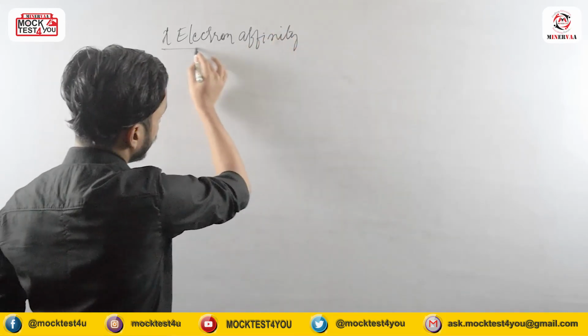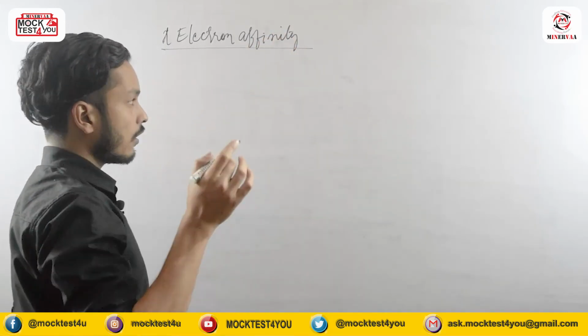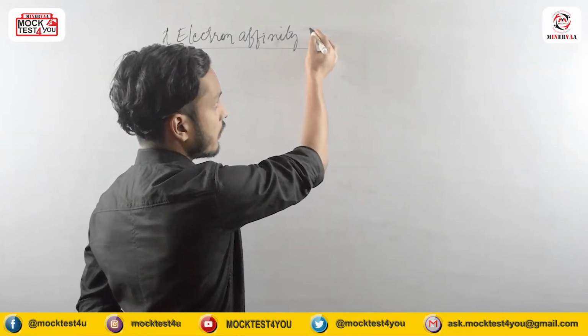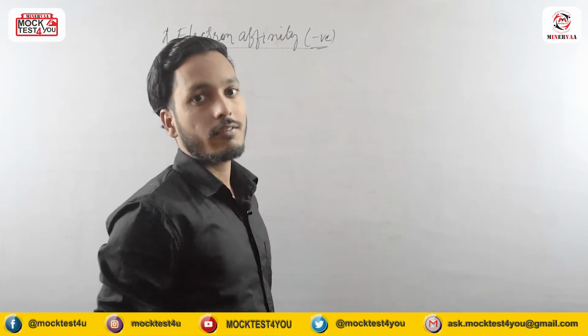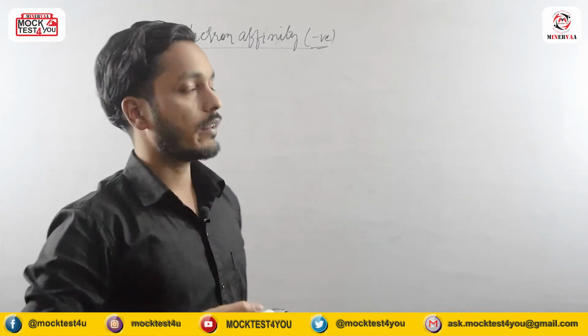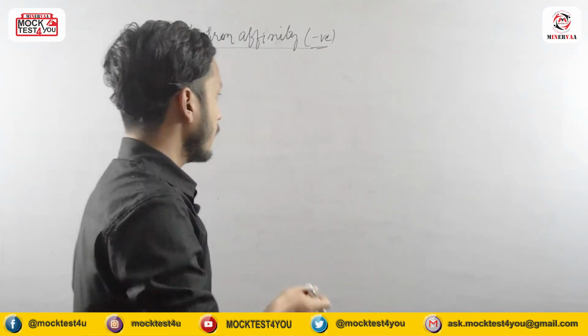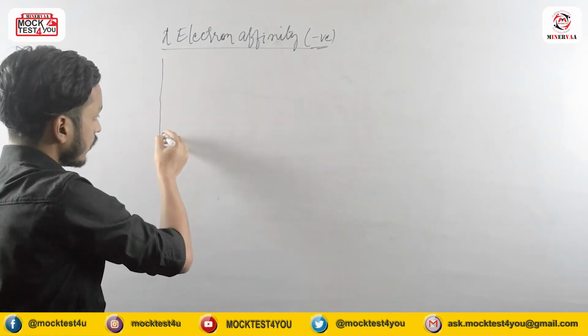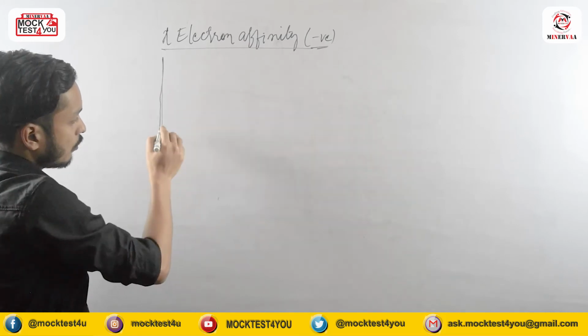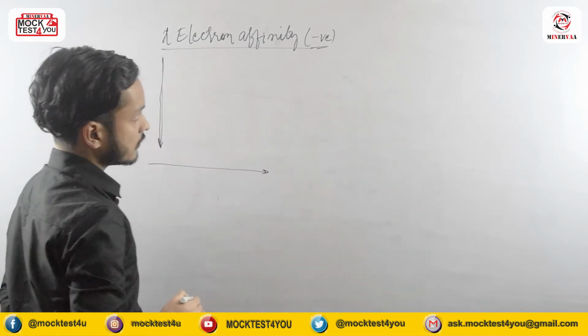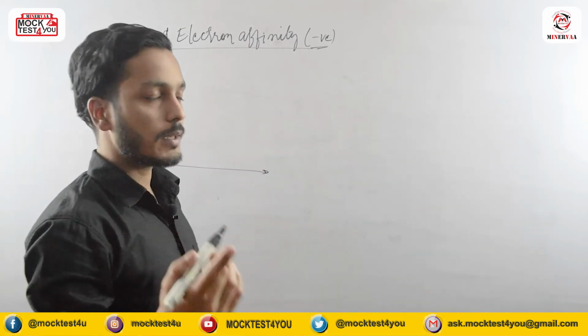So when we talk about the trend, we always remember that this electron affinity we represent as a negative value, okay? We talk about the negative value of electron affinity, right? So across the period, you just imagine like this.